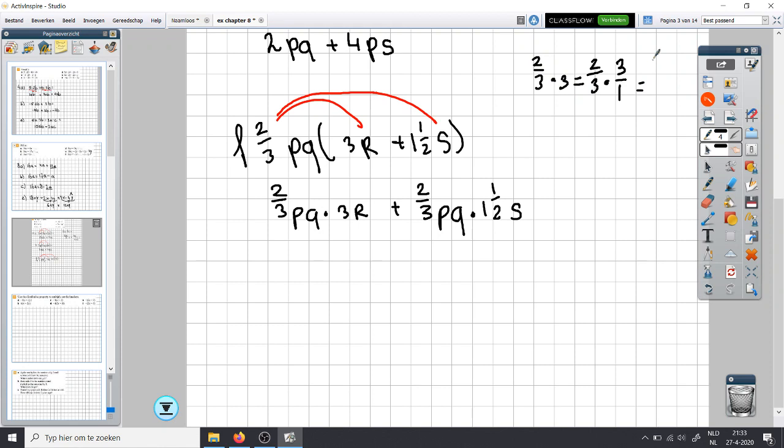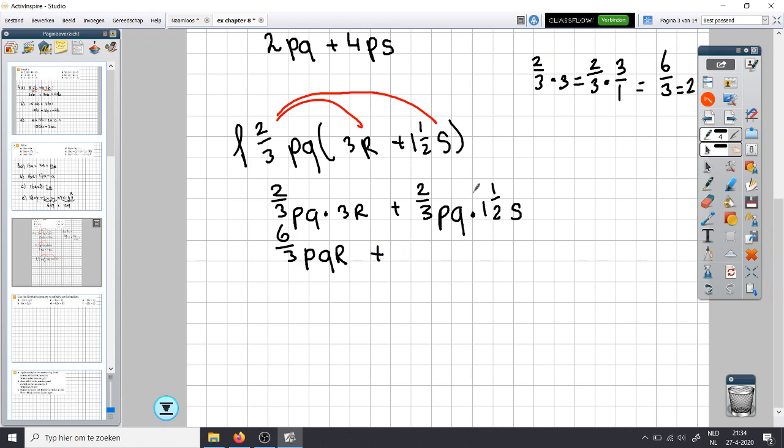And then we said, well, multiplying two fractions is numerator times numerator and denominator times denominator gives me 6 over 3. Or you could say that's 2. Right? So that's the intermediate step. I think here I would write down first this 6 over 3 PQR. Just put the letters in alphabetical order.